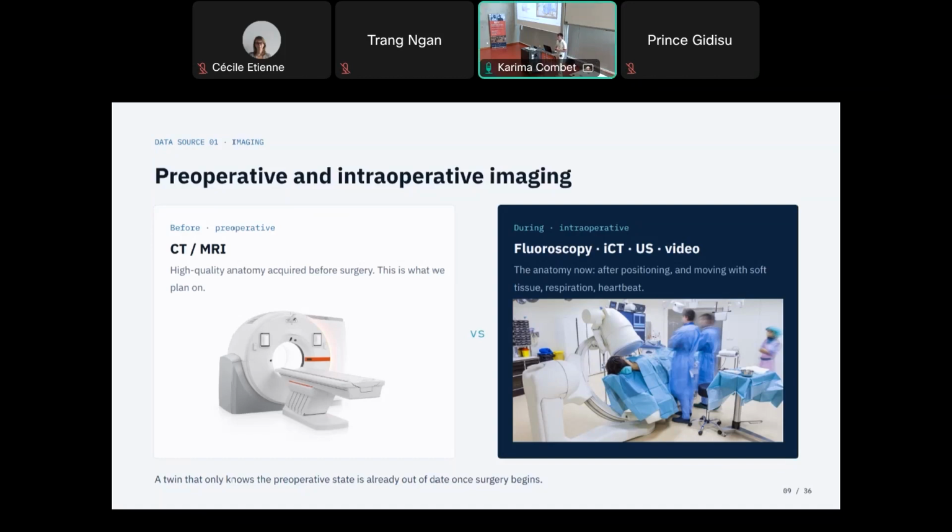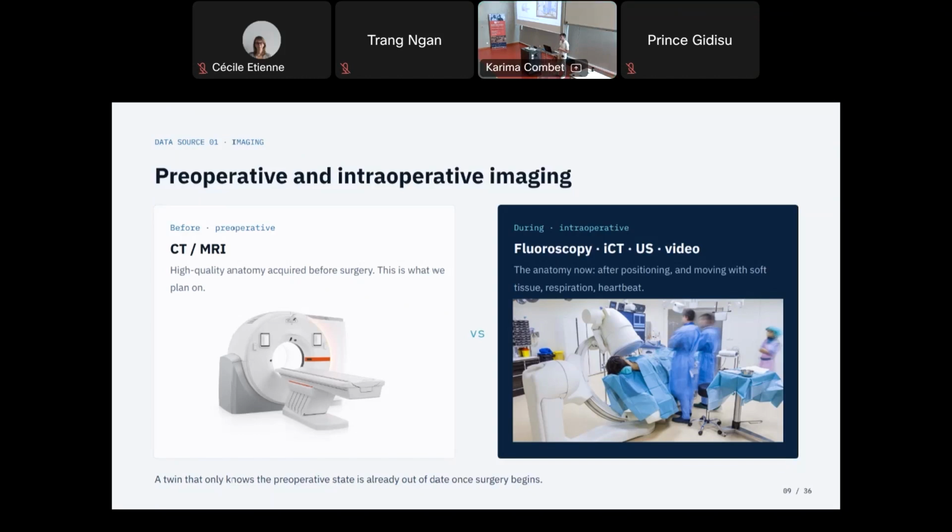This distinction is not a detail, because preoperative imaging tells us what the anatomy looked like beforehand, and intraoperative imaging tells us what it looks like now on the table, after the patient has been positioned and the soft tissue has started to move with the breathing, the heartbeat, and so on. Those movements come from soft tissue shift, respiration, and surgical gestures.